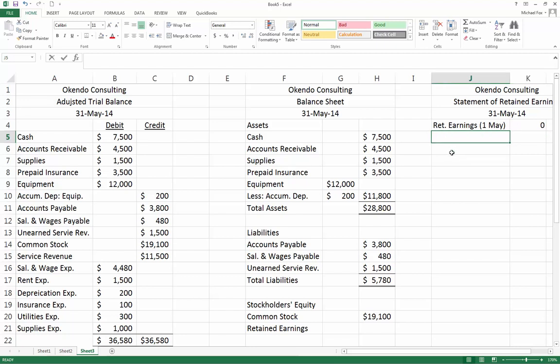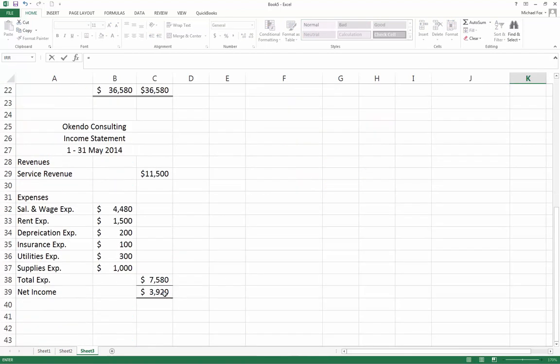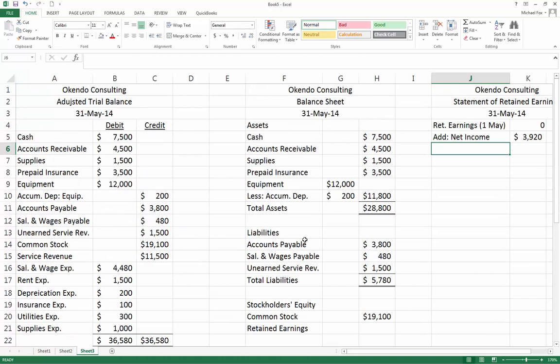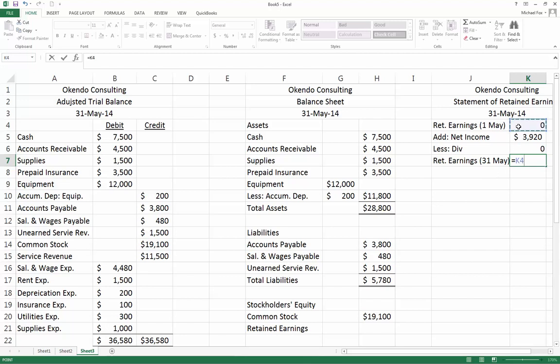And then my net income, which I got from my income statement, less dividends. I don't believe there were any dividends given. Gives us our retained earnings at the end of the period. So that'd be our beginning retained earnings plus our net income minus our dividends.